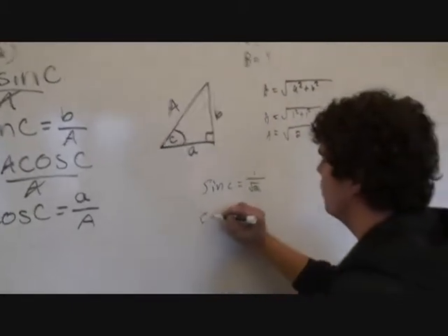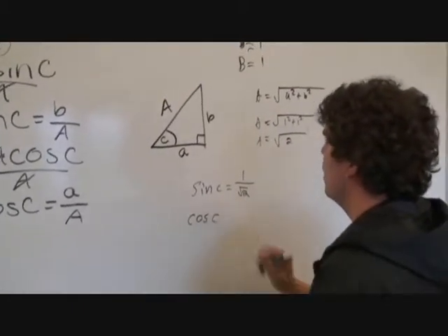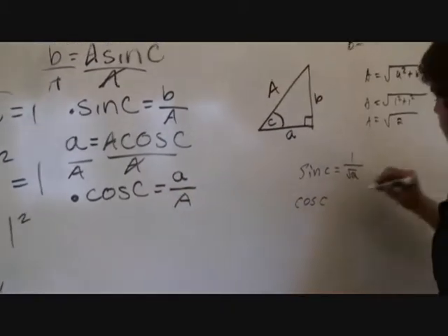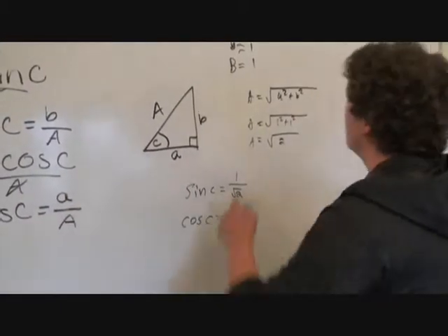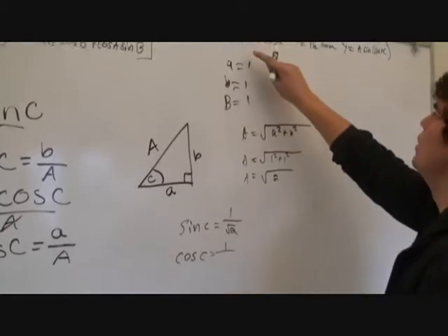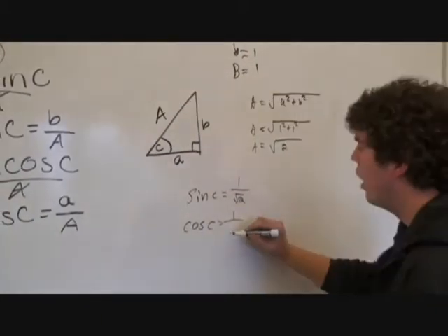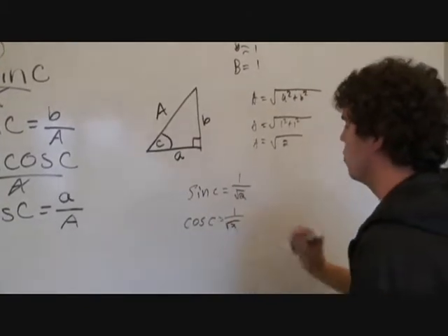And our cosine C is exactly the same. Little a, which is 1, because we've already established that 1 is not represented in mathematical formulas generally, over the rad of 2.